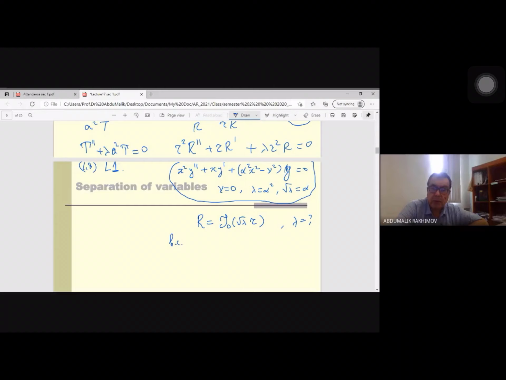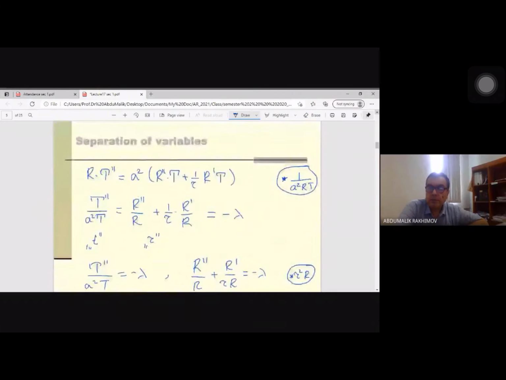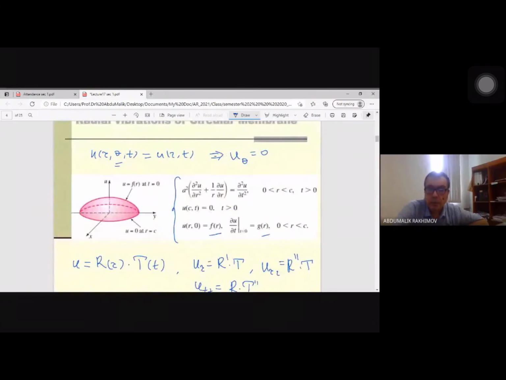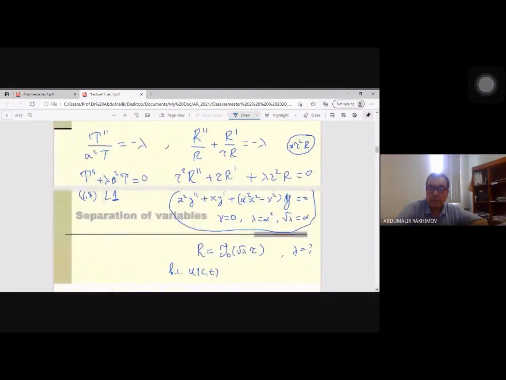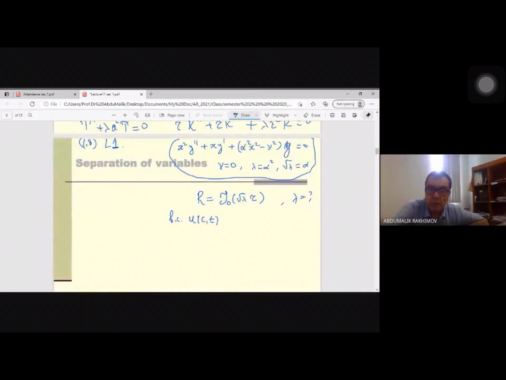What is the boundary condition? Our boundary condition is u at r equals c, for all t, is equal to 0. This is the boundary condition in our problem. What is u at c? It is R(c) times T(t), so it must be equal to 0.